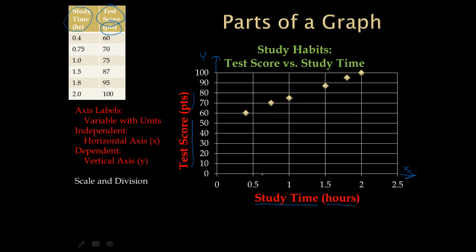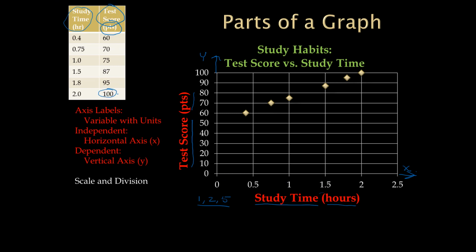I want to divide this into increments that are combinations of 1, 2, or 5, or decimal forms of that if I can. So in this case, I went from 0 to 0.5 to 1, 1.5, and 2. As best I can, I want to make these even divisions.